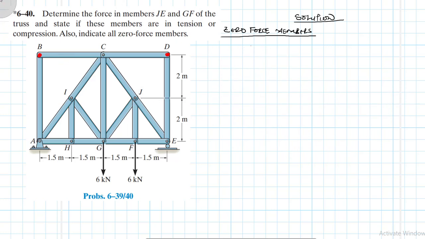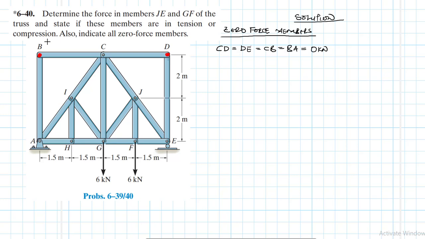You can even do the equilibrium equations at D and B, and you'll still find the same answer. So CD is equal to DE is equal to CB is equal to BA is equal to 0 kilonewtons.